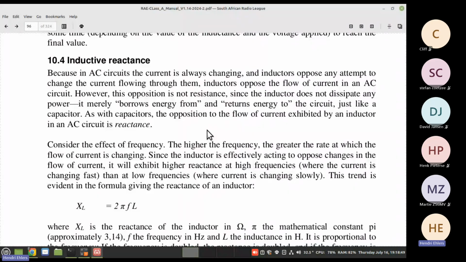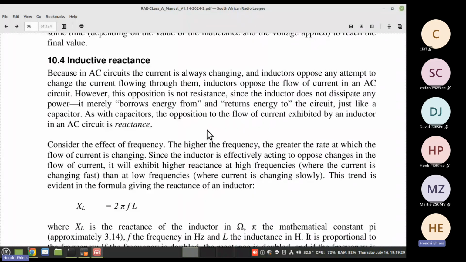that opposition to change is called reactance. And it's a lot like the capacitor. It's similar, where it borrows energy from the circuit and it returns it when the energy is reduced from the supply side, and that is measured in ohms, although it's inductance.